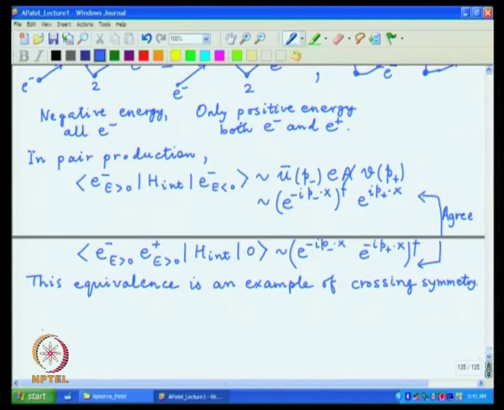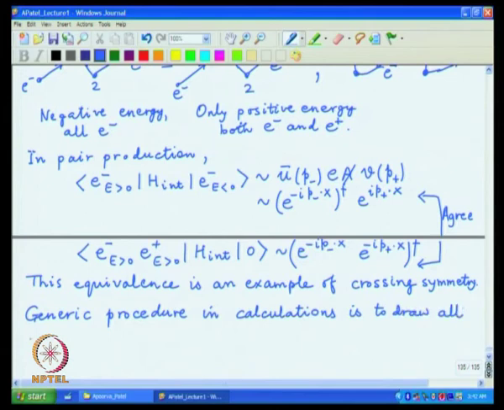The generic procedure in calculations is to draw all allowed Feynman diagrams and sum the results.